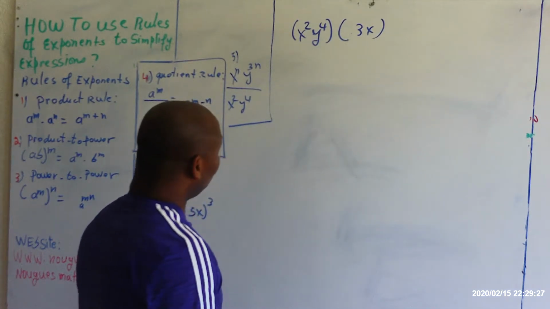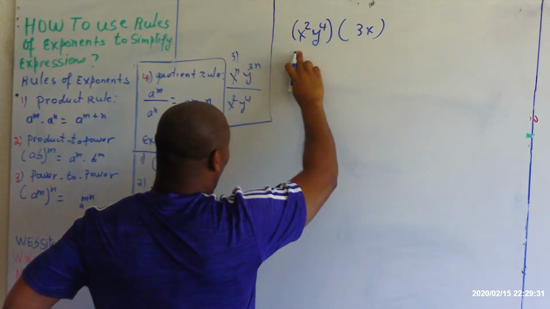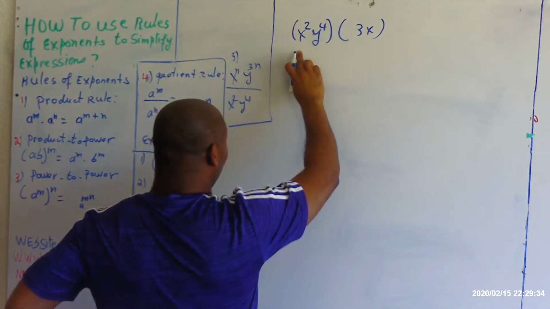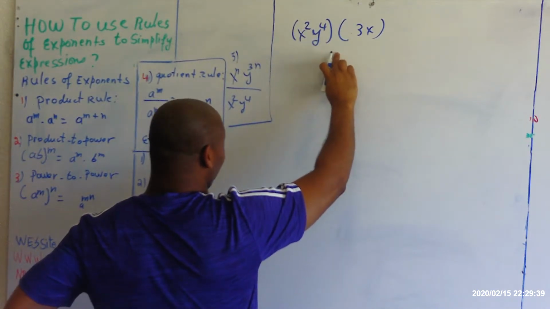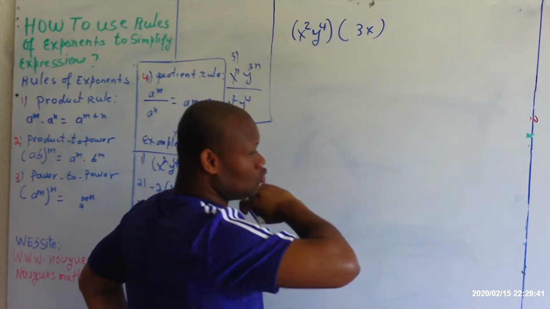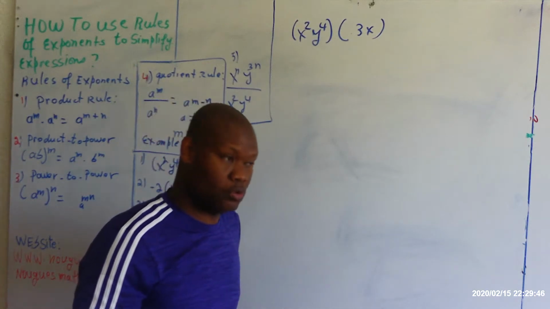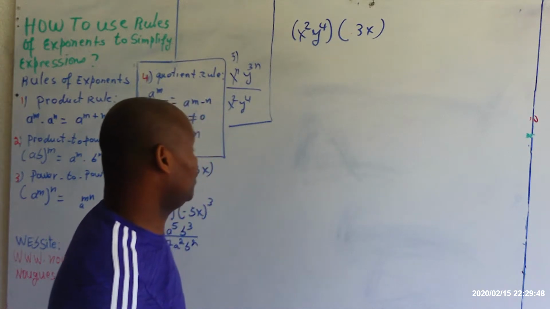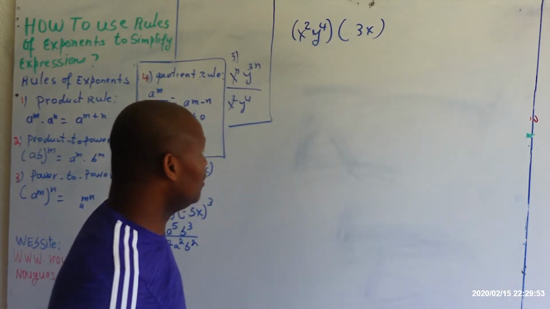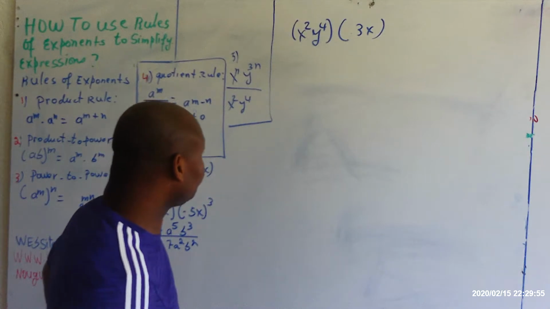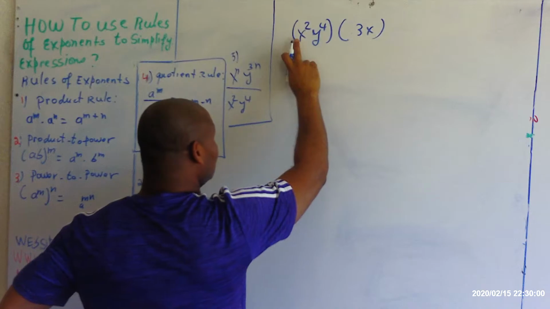Now we are going to see the like terms. As I told you last time, we can multiply the coefficients. As a definition, a coefficient is any number in front of a variable. But the exponent is the power. So we have a coefficient right here, this is 1.